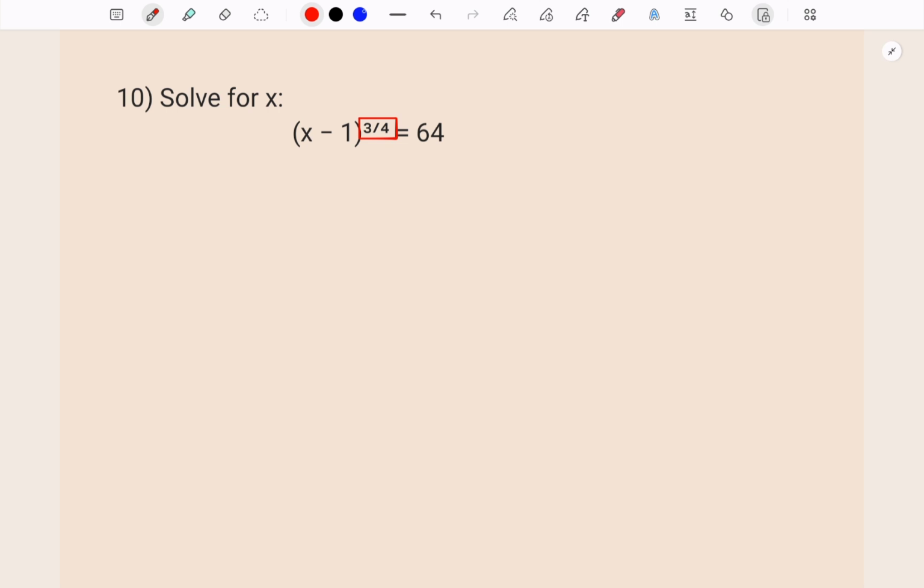So the first step would be to raise both sides to the power of 4 over 3.